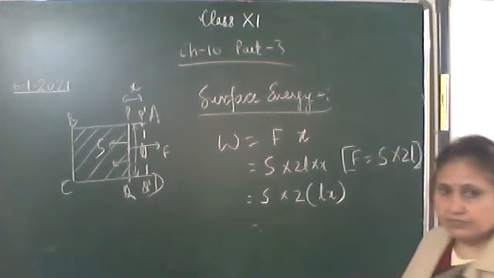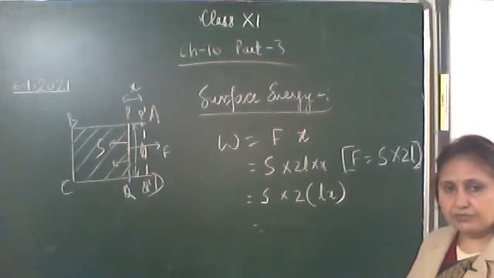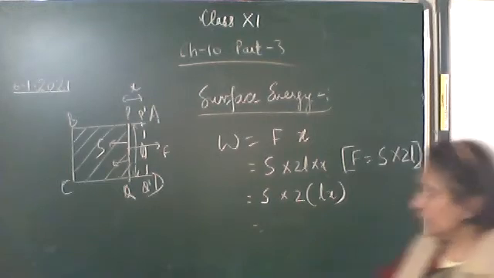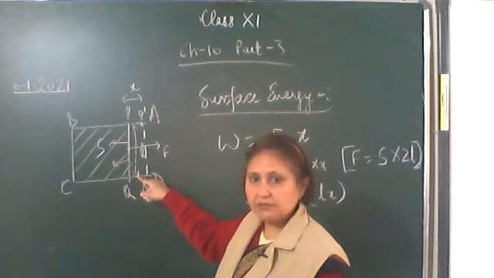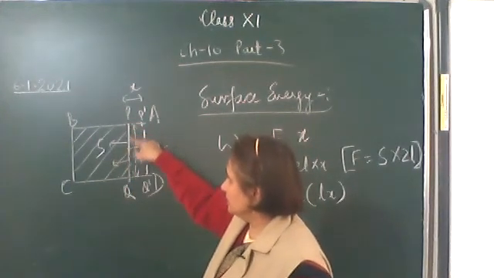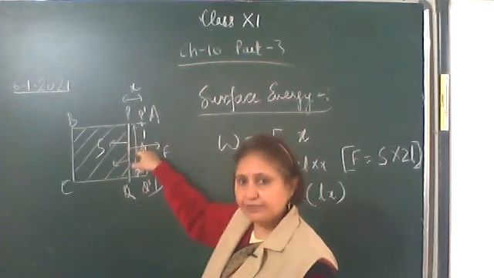Can we write like this, twice of L into x? Now what is this L into x? It is the area. L into x is the increase in area of the front surface.